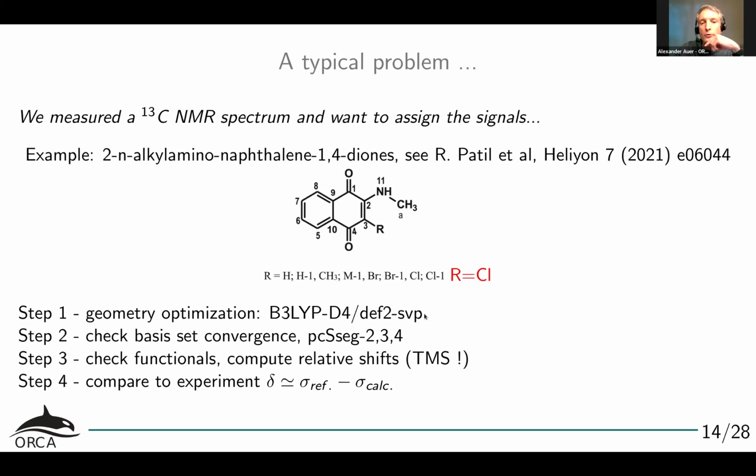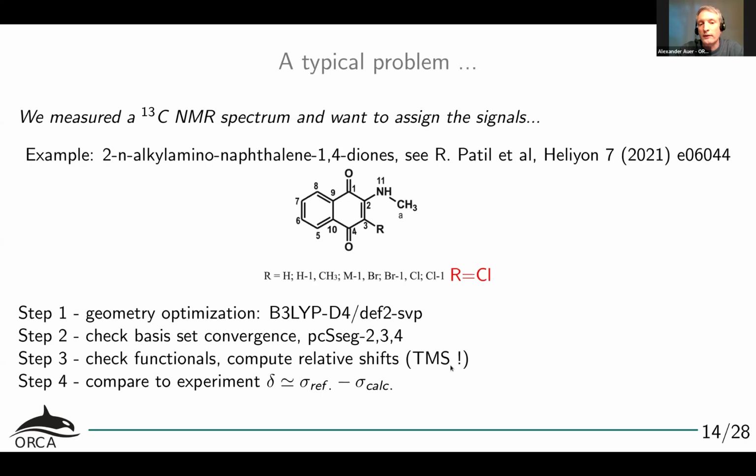First of all, we do a geometry optimization, and I use B3LYP-D4 with a small basis set to get this. Then, in order to have an idea of how accurate our results are with respect to the basis set size, we try a few different basis sets, and we do the same thing for different functionals. The idea is to calculate the observed relative chemical shifts with respect to TMS.